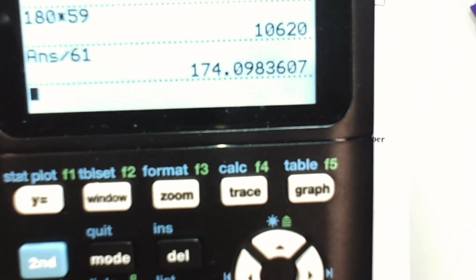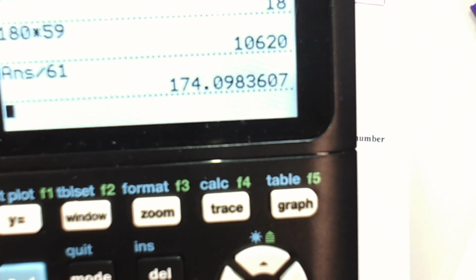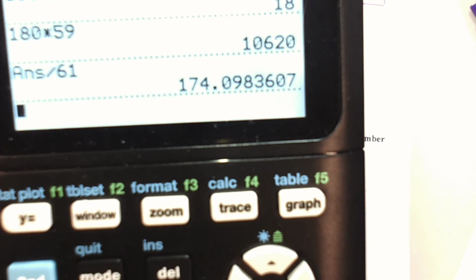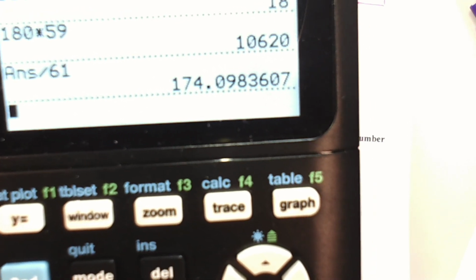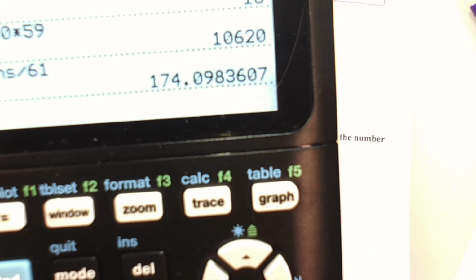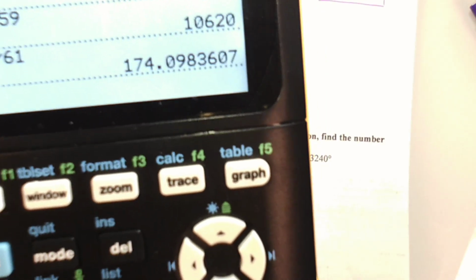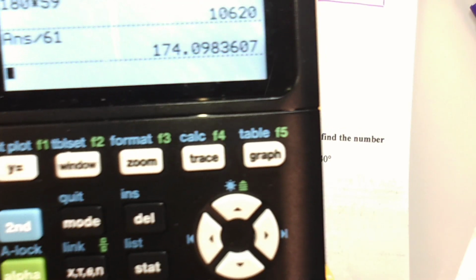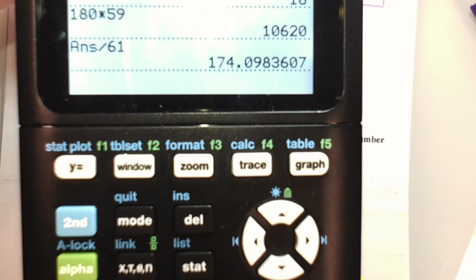Keep one decimal place, so it will be 174 point. Would it be 0 or would it be 1? 1. Remember with rounding. That's better. There we go. Remember with rounding, if you want to round to a single decimal place, you not only have to look at the first decimal place, you have to look at the decimal place after it.